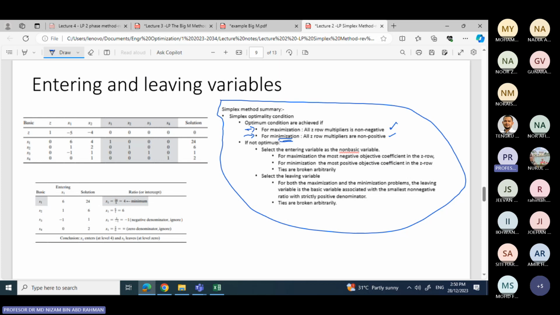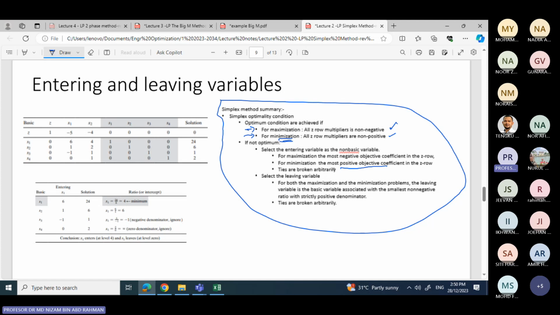If not optimum, then select the entering variable from the non-basic variables. So which one should you select? For maximization, the most negative objective coefficient. For minimization, the most positive. Beza kan, the examples that we went through in the simplex method previously were maximization, so you choose the most negative number.